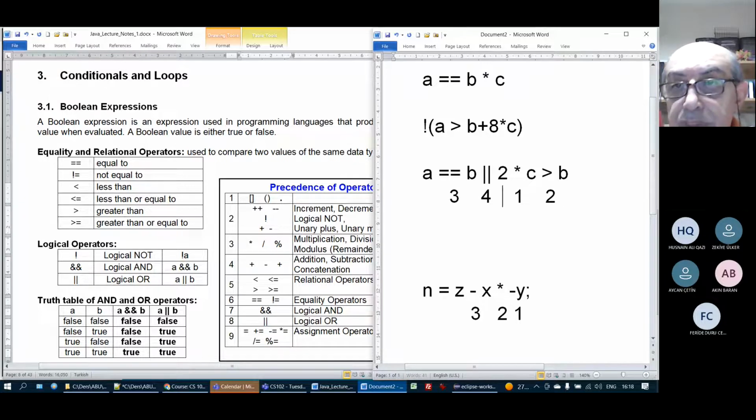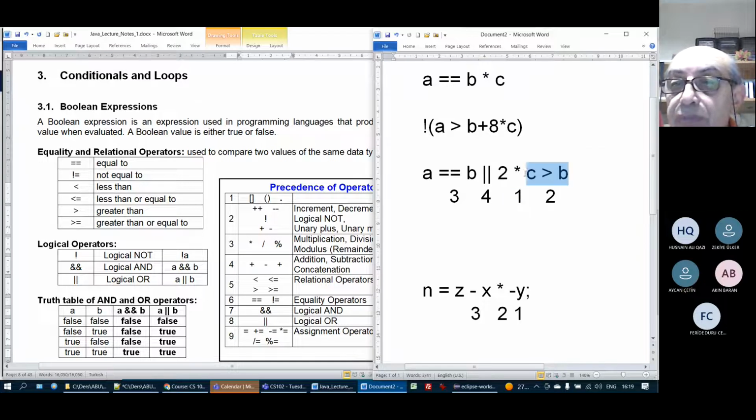So when we look at this expression, these values 1, 2, 3, 4 are just the order of operation execution. First multiplication will be executed, then greater than will be executed, then equal to is executed, then OR is executed. So a value is found here at the first step.